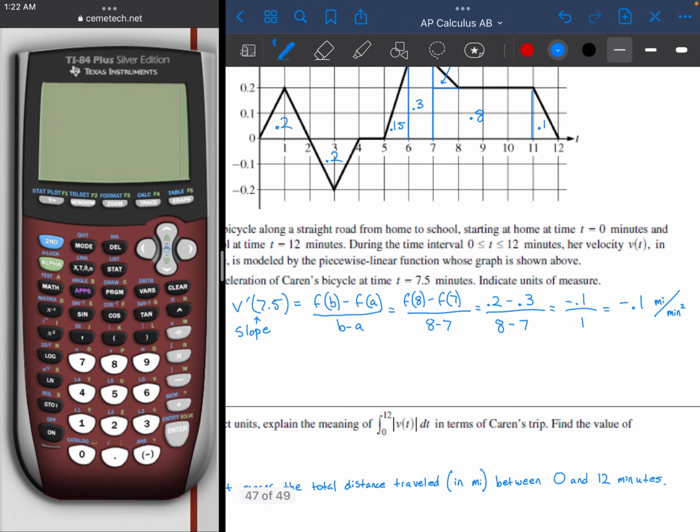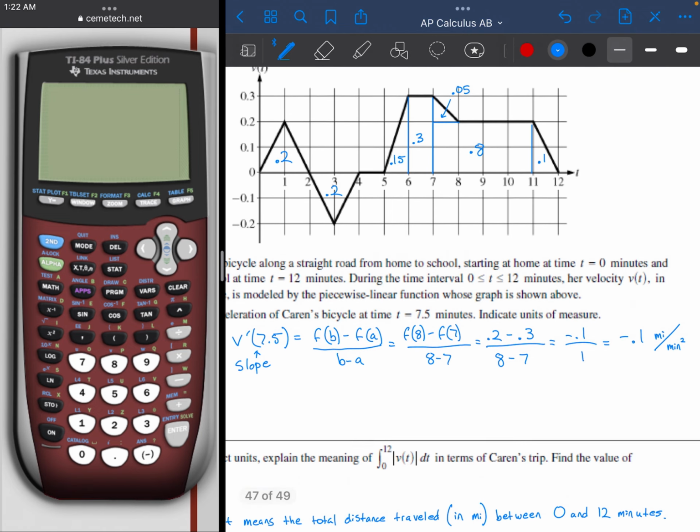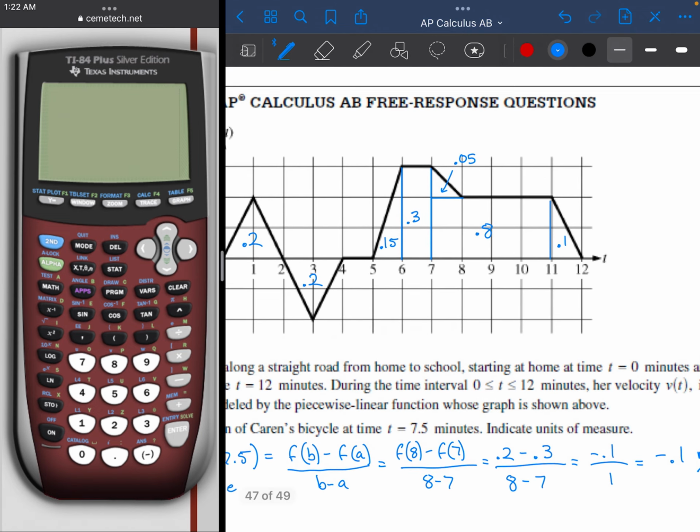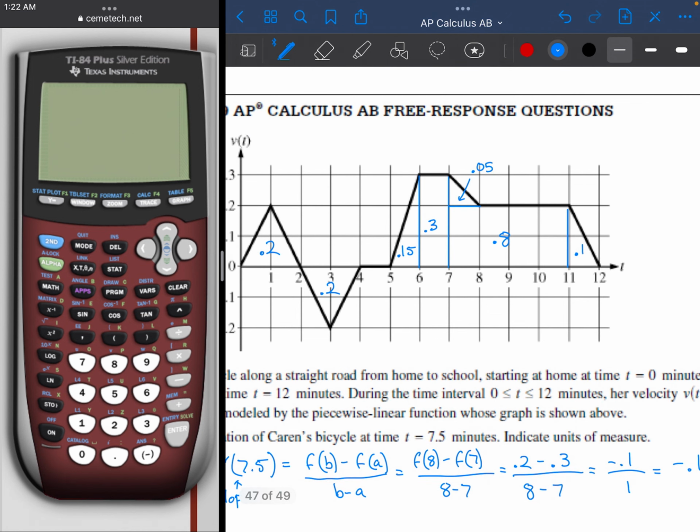I'm going to add them all together now. Will I have enough room? Okay, here. I use technology, so I can just copy and paste this down below. So essentially what I have is 0.2 plus 0.2 plus 0.15 plus 0.3 plus 0.05 plus 0.8 plus 0.1.